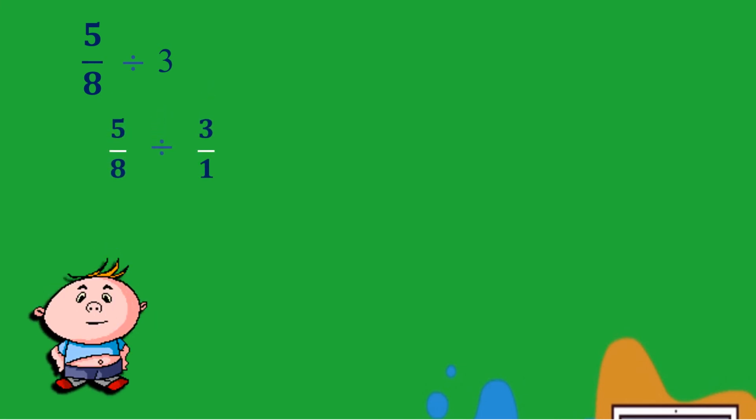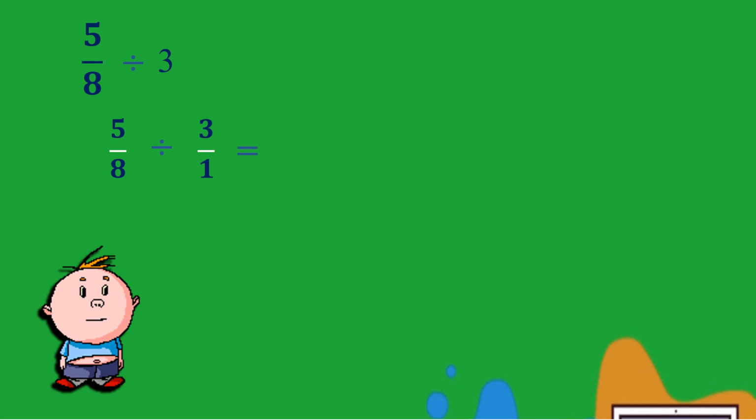Yes, now we can solve it in this way. Numerator will be multiplied with the numerator and denominator will be multiplied with the denominator. So my dear students, we cannot simplify this fraction because we don't have any common factor of 5 and 24.